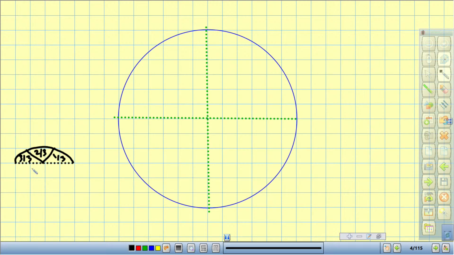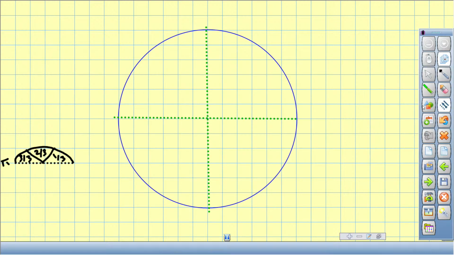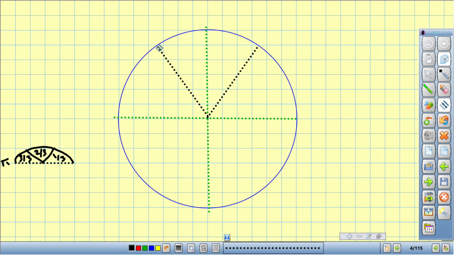Remember, this is a pie here, so I'll take the top and divide that into 3 sections. So I'll say this is 60, another 60, and 60.